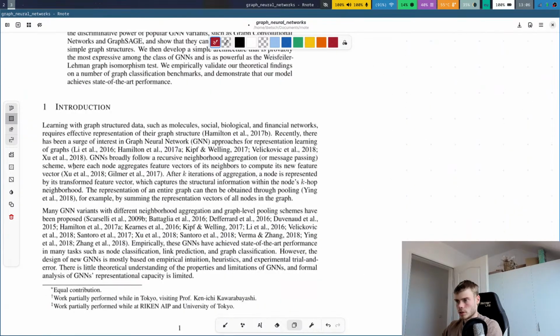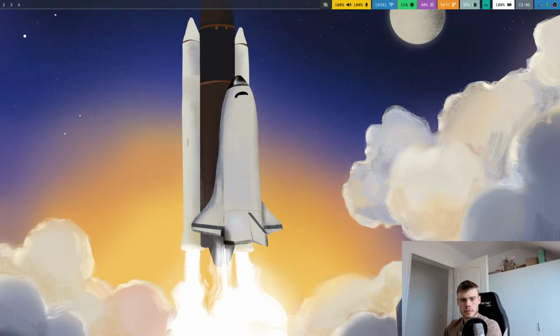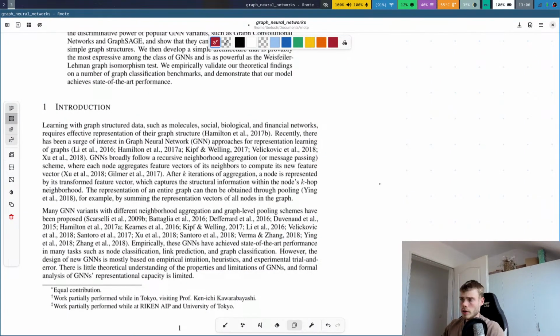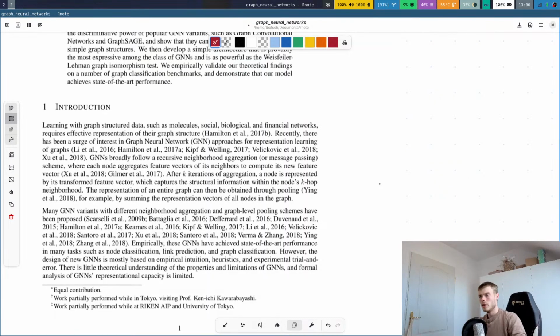Okay, so introduction. Learning with graph structured data, such as molecules, social, biological, and financial networks, requires effective representation of their graph structure.